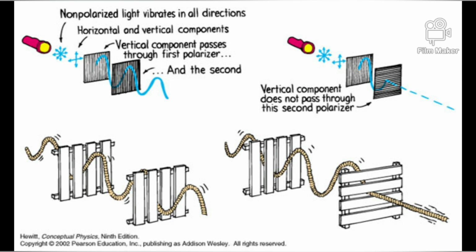But if we take a look at the right two fences with different oriented fences, when the rope is vibrated vertically, the first fence lets it through, but the second fence completely stops the rope from oscillating. The same behavior occurs for polarized light onto another polarizing filter. A more practical representation can be seen throughout this video.